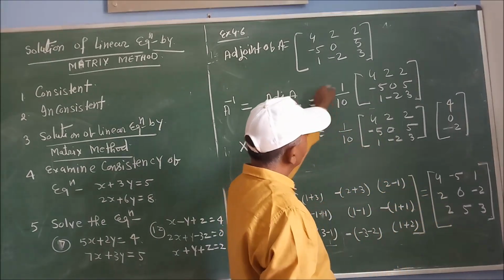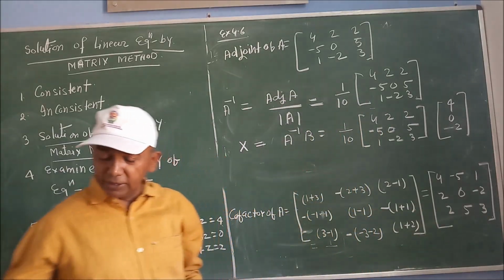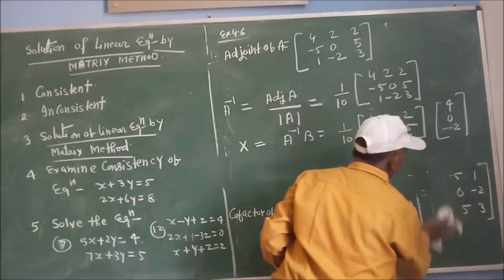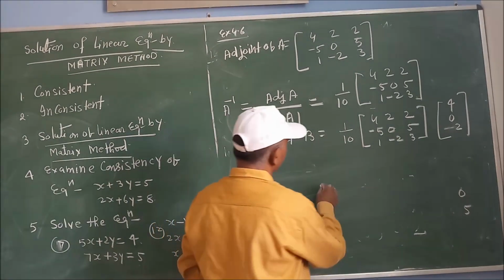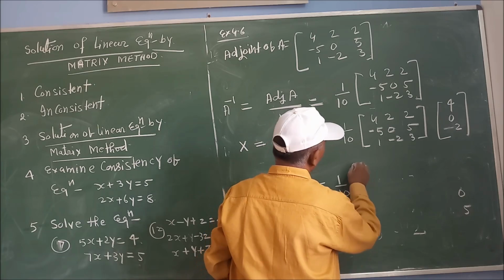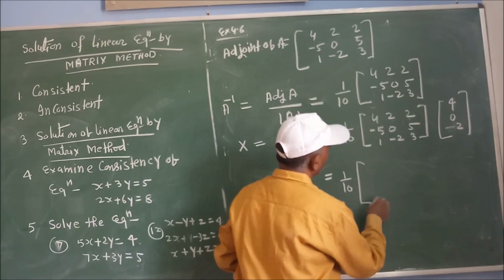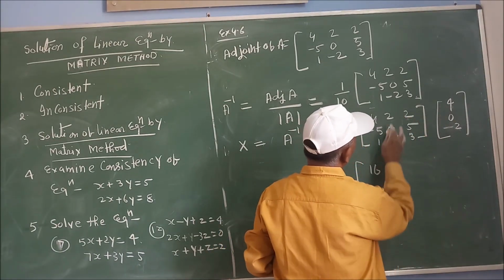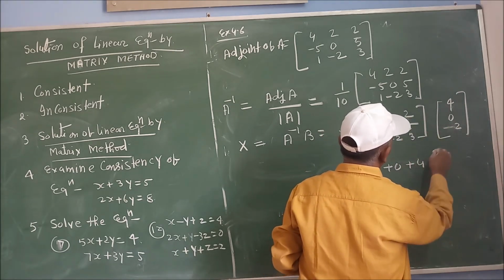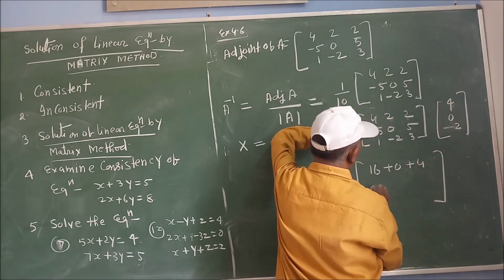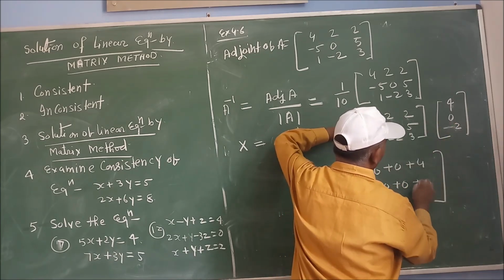So this is your A inverse, and B is 4, 0, 2, and multiply these two terms. So what happens if you multiply these two terms? This is equal to 1 by 10 into 4 into 4, 16; 2 into 0, plus 0; 2 into 2, plus 4, and minus 5 into 4, minus 20; 0 into 0, plus 0; 5 into 2, plus 10.